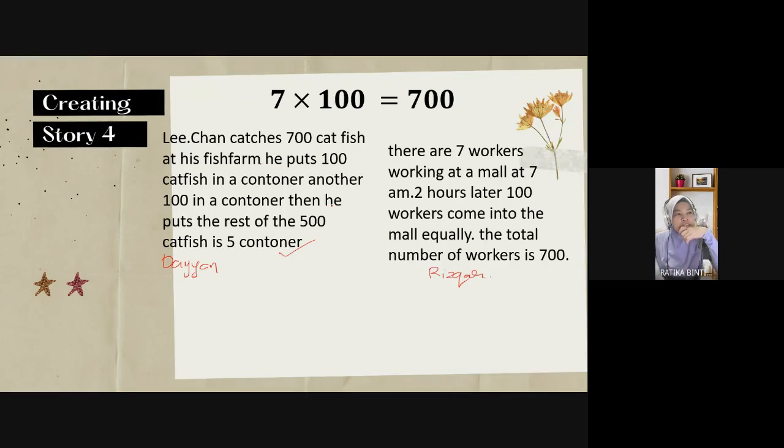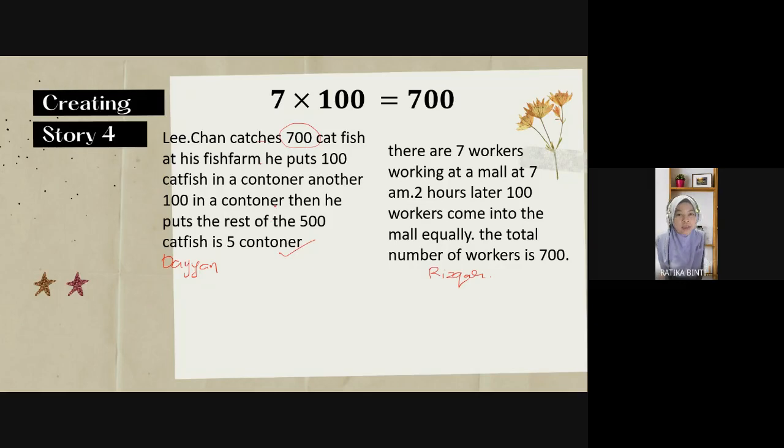This story is totally opposite from the number sentence. The number sentence is about multiplication. Remember, multiplication is from one to many. But Diane, he starts from many to one.